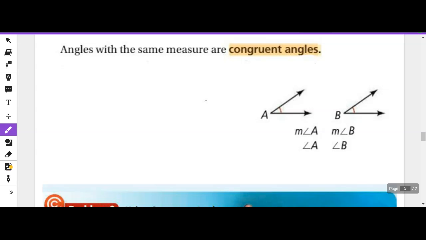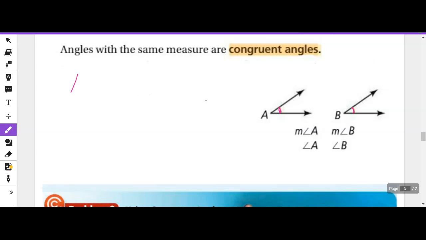So angles with the same measure are congruent angles. And it's just like with the line segments. With the line segments, they did the little tick mark, and with the angles, they do an arc.